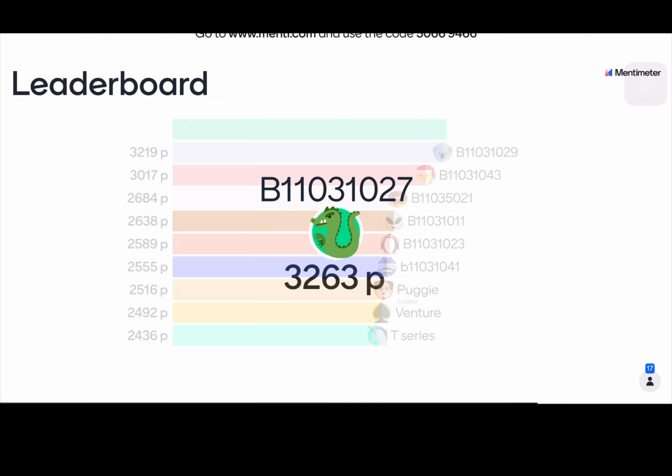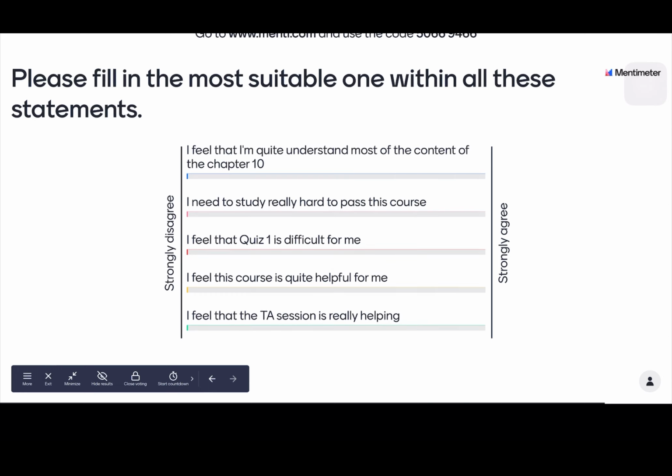Okay, taking the throne. 27, who's 27? There are 2 surveys, okay? Just a simple survey after this. Okay, please fill in the statement. If you disagree, go to the left. If you agree, go to the right. I just want to know some small survey from you. If you are so-so, maybe middle.